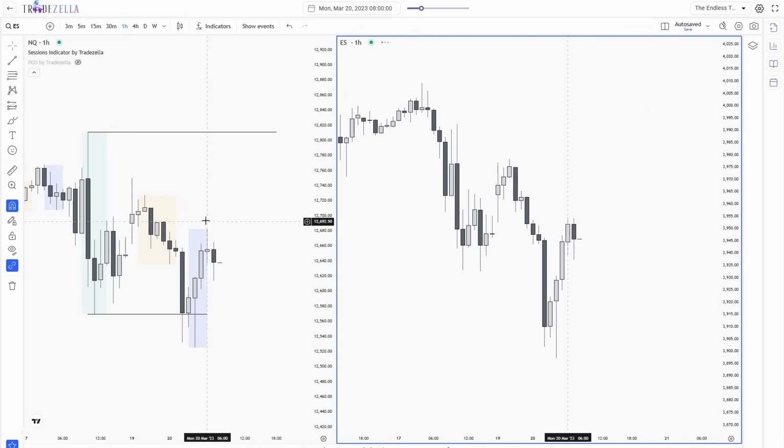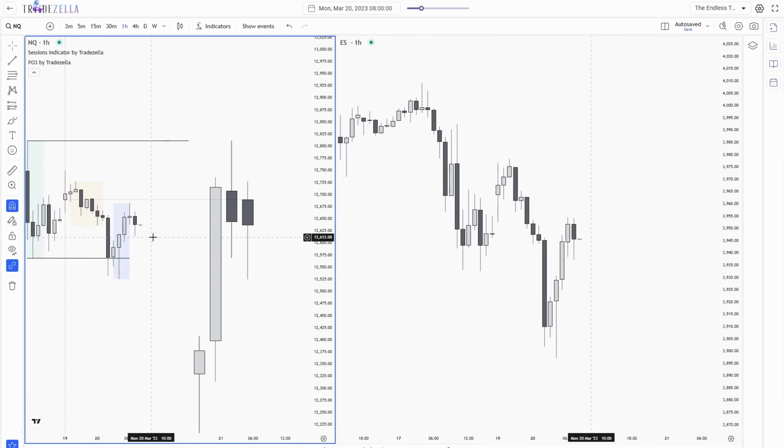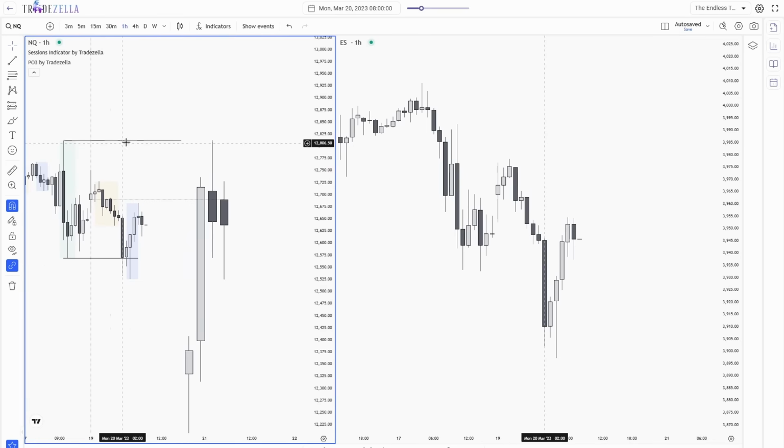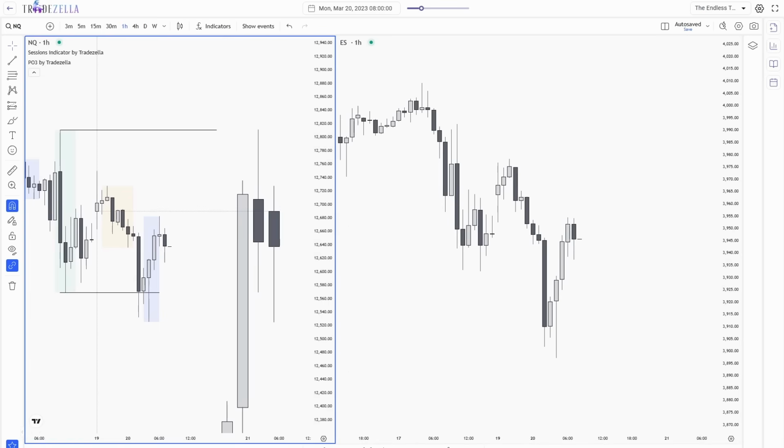So we are expecting bullish price action. We pull up the daily indicator, open low high close, targeting that high. And obviously we will wait for the equities open, so skipping price action into that.